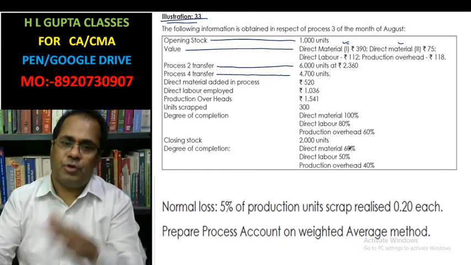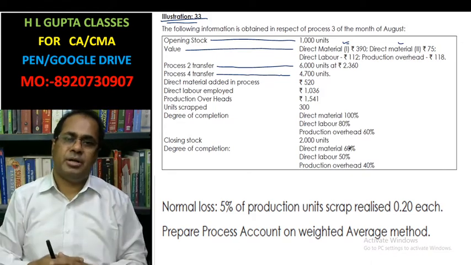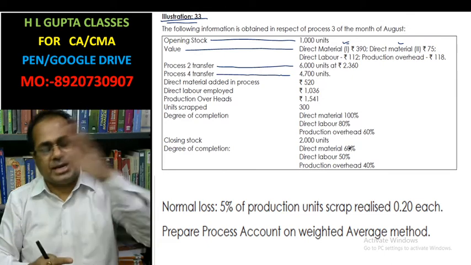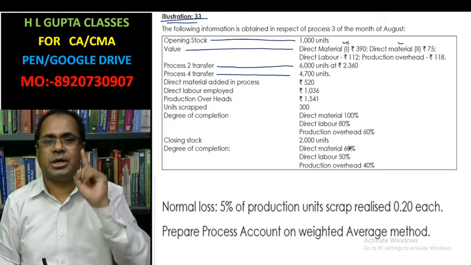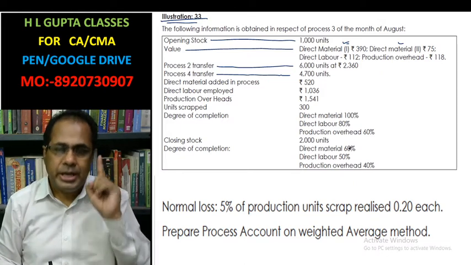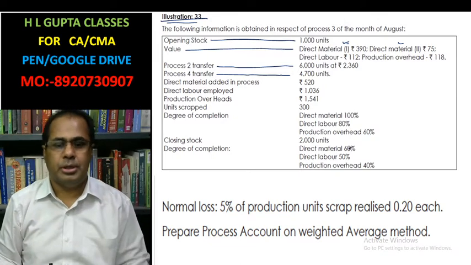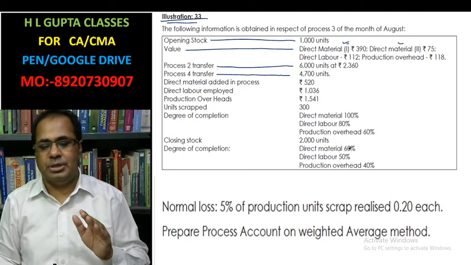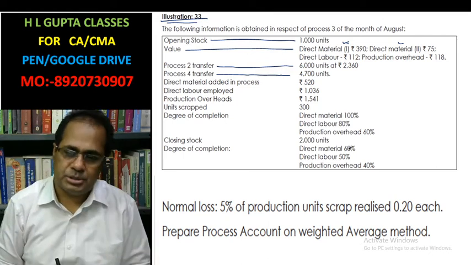It means the first material is 100% completed and the second material is 60% completed. First material in the case of closing stock is always taken as 100% if its completion stage is not given. In the case of scrap as well, the first material should be taken as 100%.